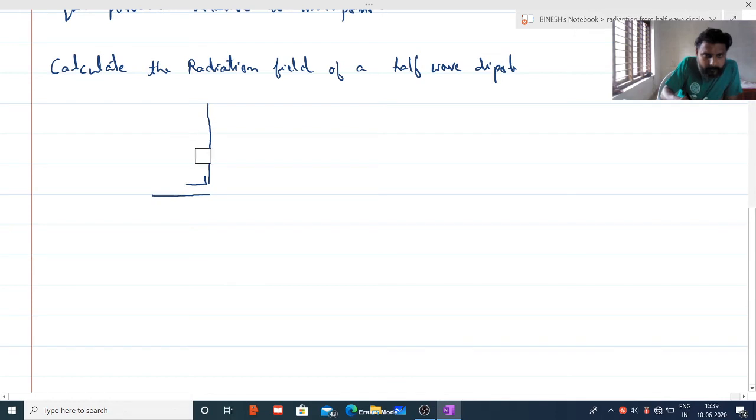Similarly, in the lower section. So this point I will take as z equal to 0.